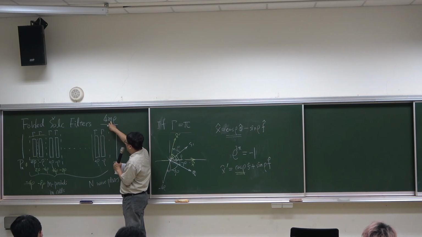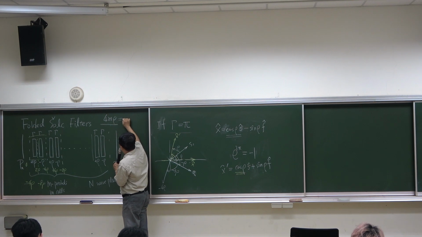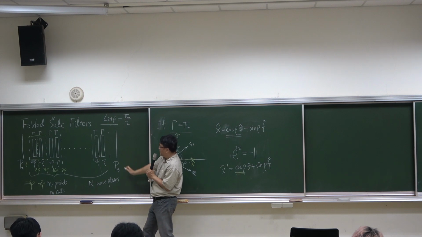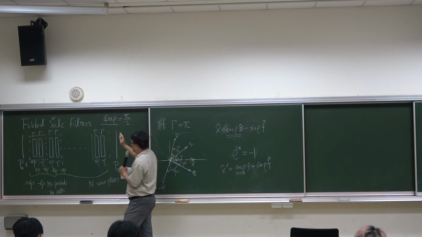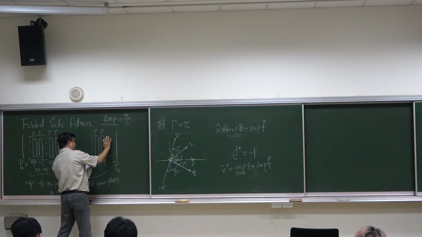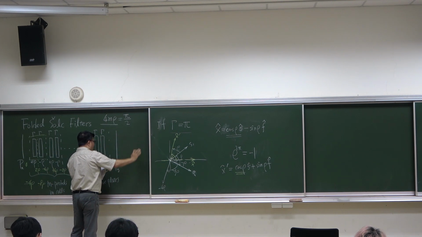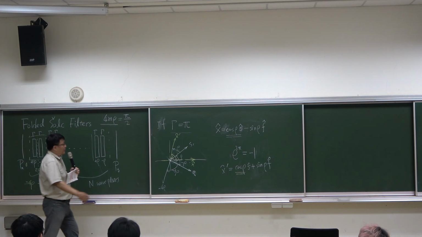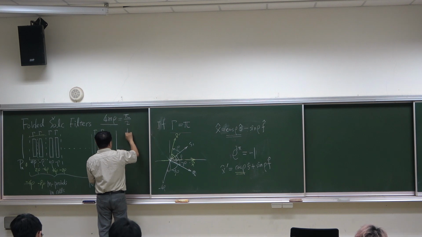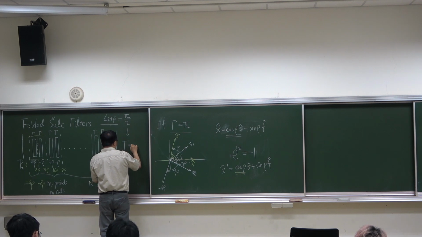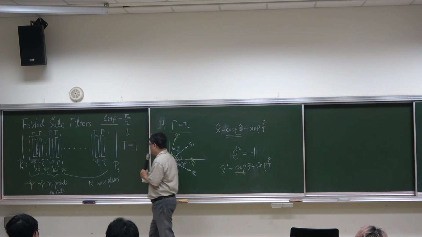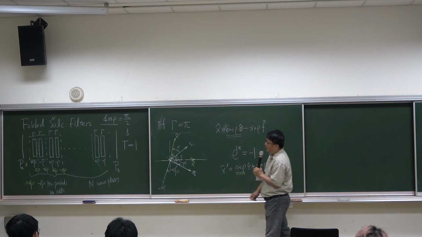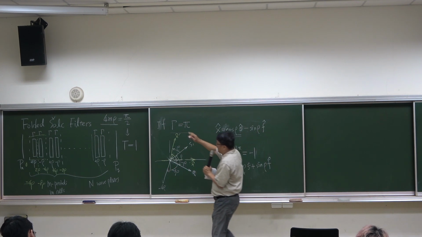If 4m rho equals half pi, half pi means along the y direction, then the light can penetrate through the y polarizer completely. So this corresponds to total transmission equal to 1.